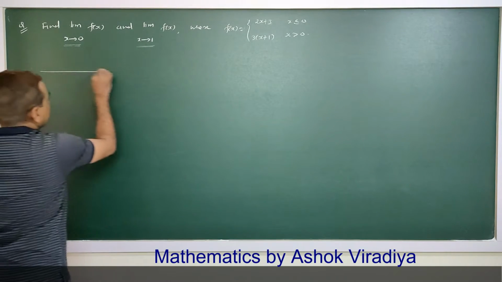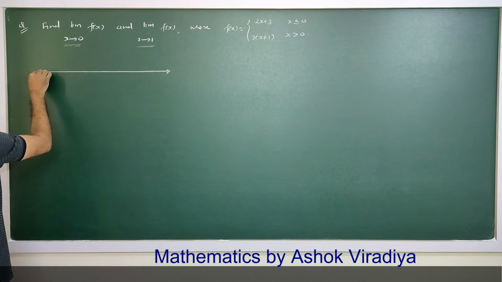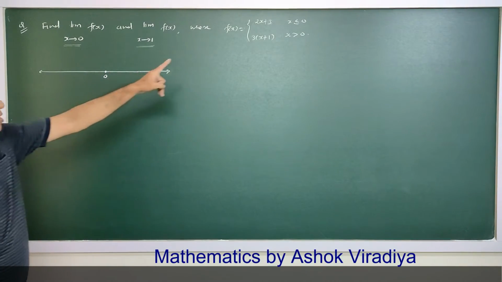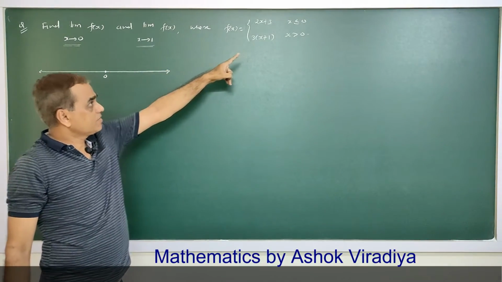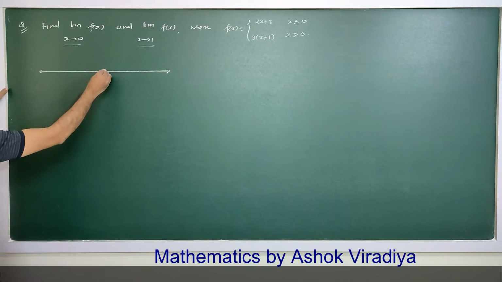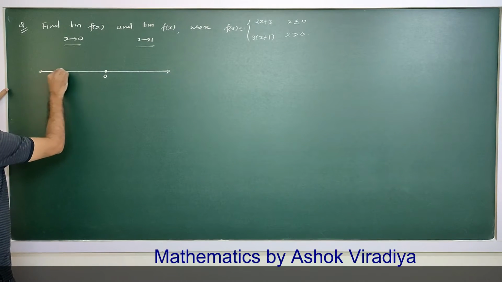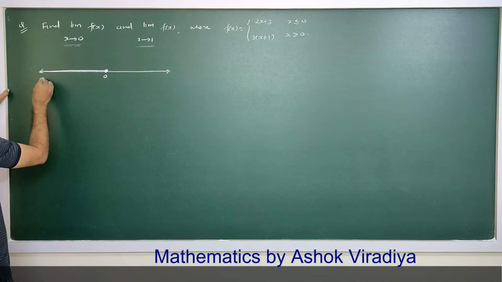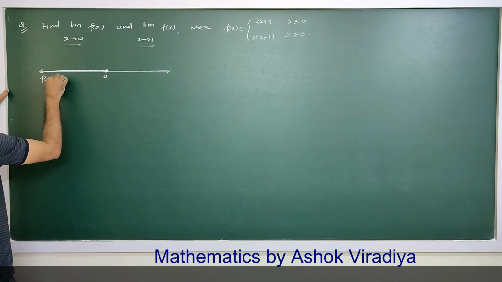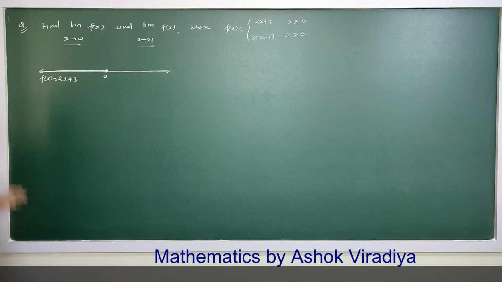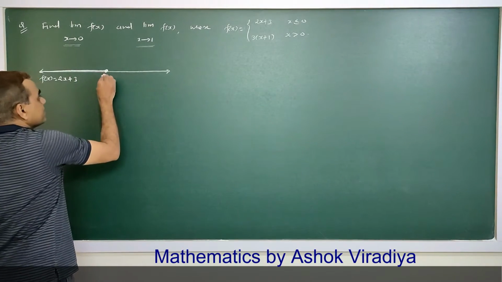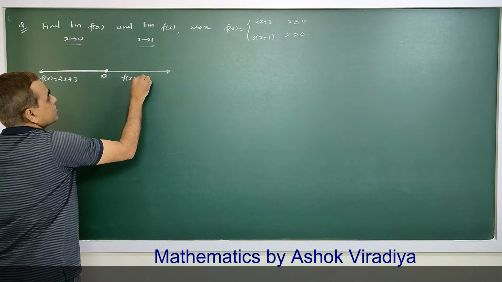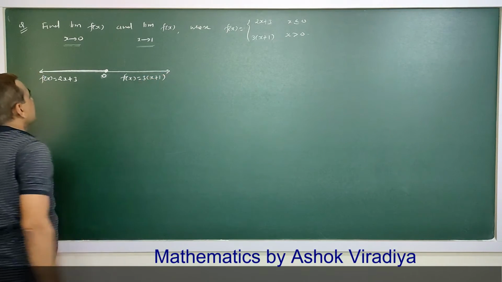See here, at 0 the function is changing formula. If x is less than or equal to 0, f(x) is 2x plus 3, and on this side, if x is more than 0, f(x) is 3 into x plus 1.